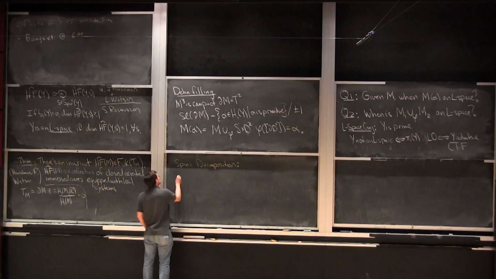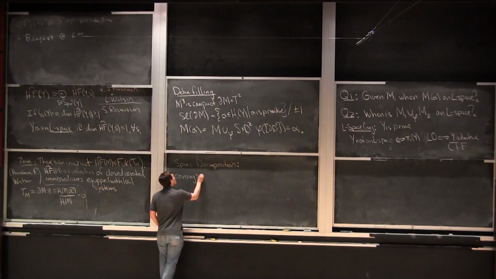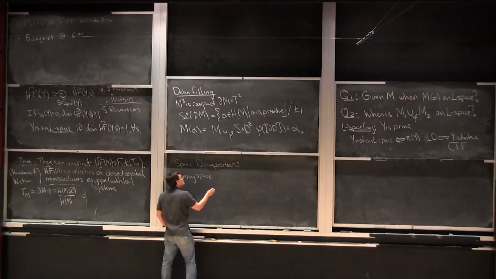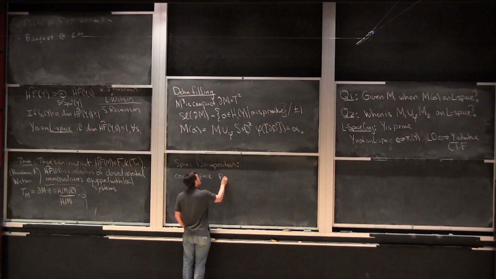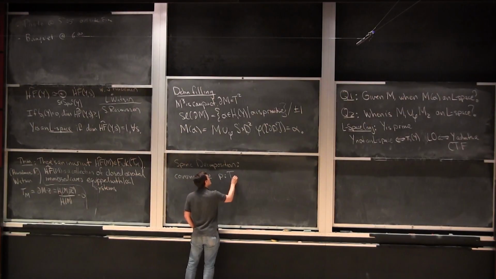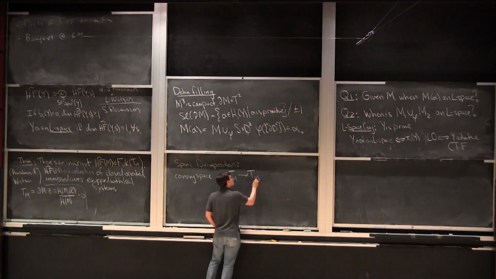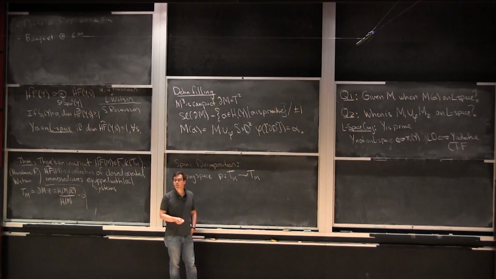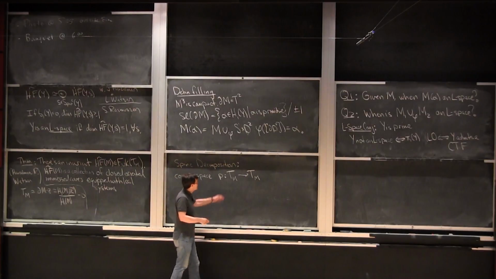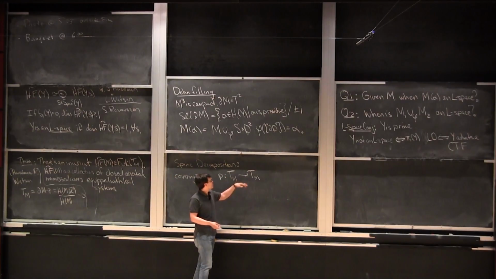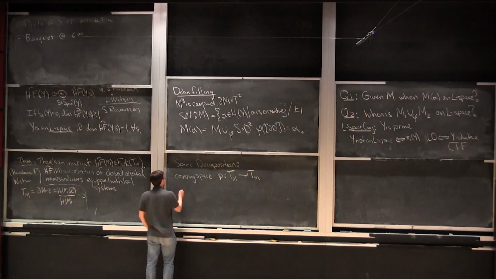And to do that, we consider a covering space, call it P, mapping from T_M bar to T_M. So this is a cover of T_M. What cover is it? Well, I need to tell you that pi_1 of this space is a subgroup of pi_1 of T_M. That tells you what cover it is. And what subgroup is it?